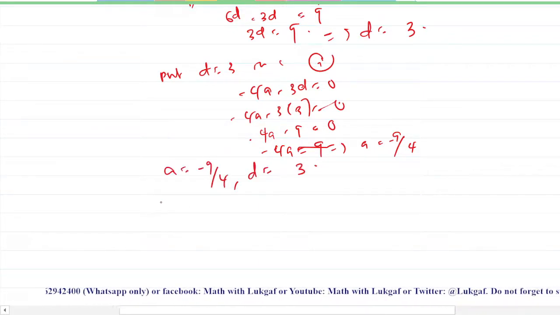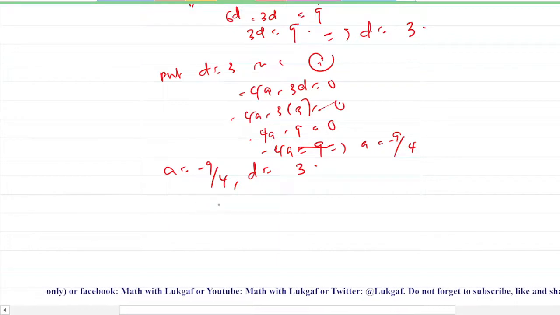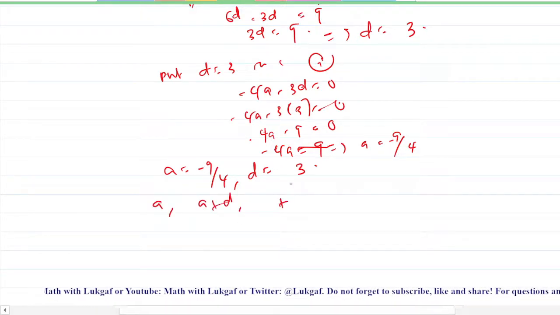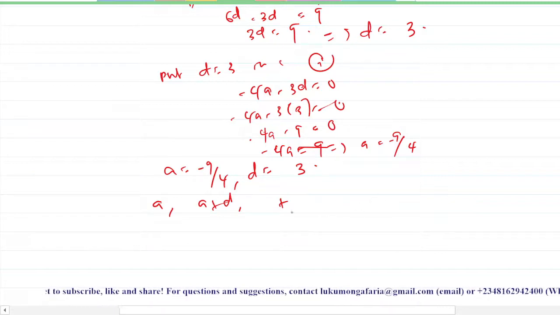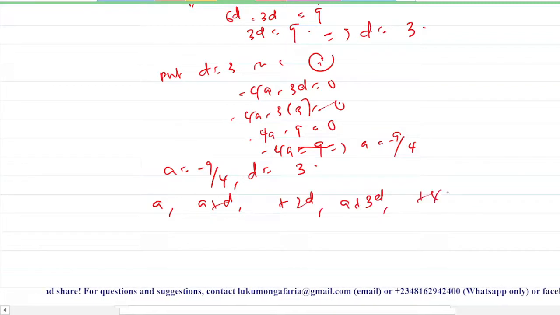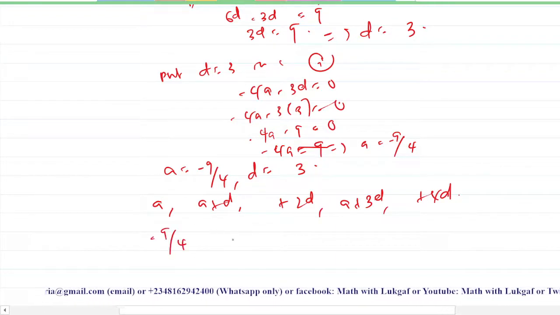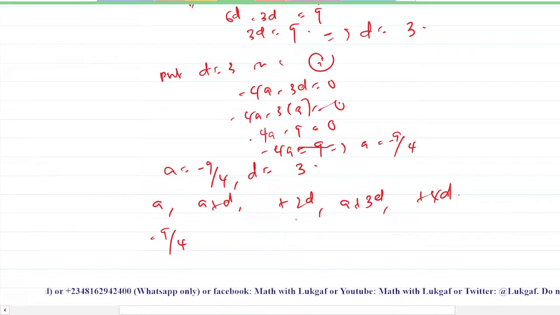Then your first 5 terms will be A, A plus D, A plus 2D, A plus 3D, that's the fourth term, and A plus 4D, which is the fifth term. And you now substitute. This will be minus 9 over 4 plus 3.